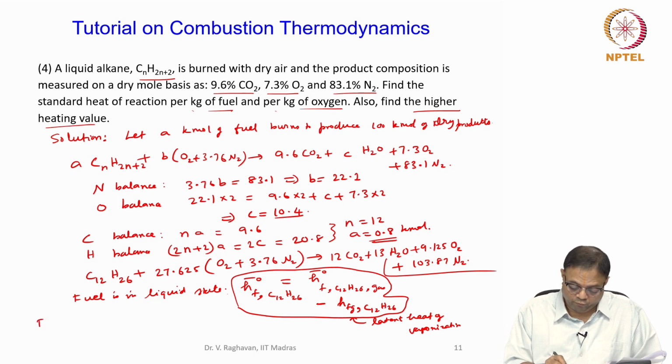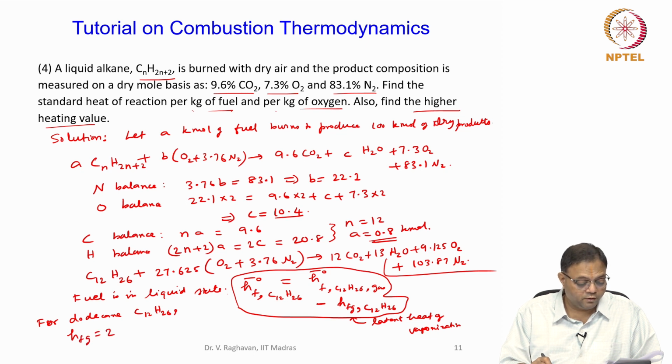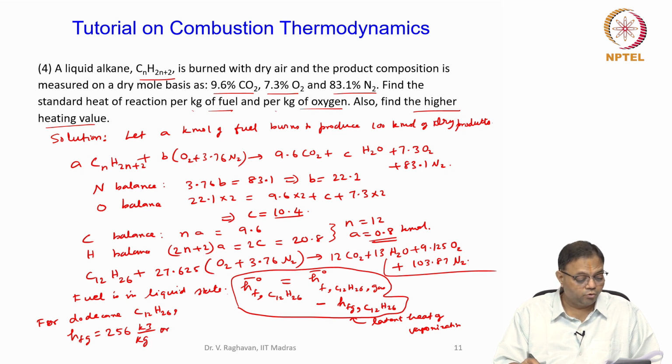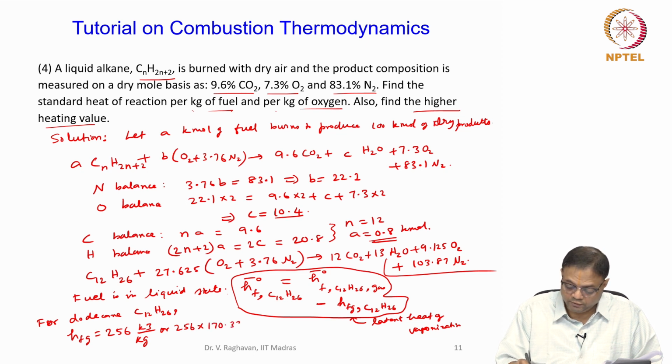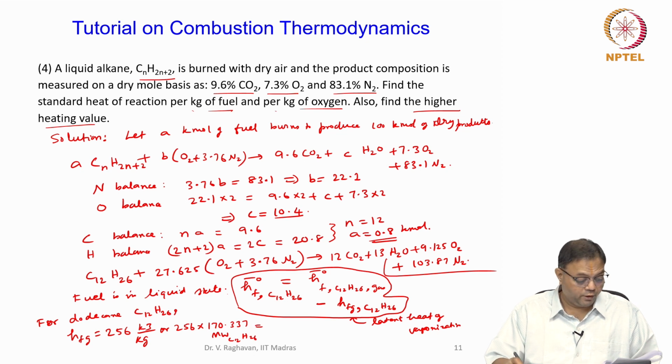So for dodecane, C12H26, I will take the value of hfg as 256 kilojoule per kg, or it will be equal to 256 into 170.337, that is the molecular weight of C12H26.